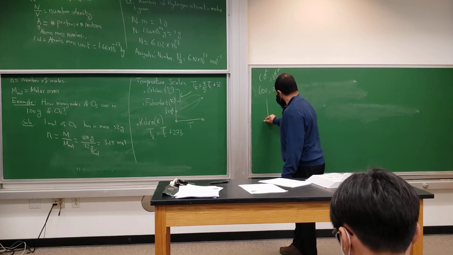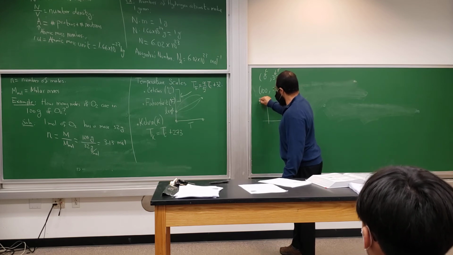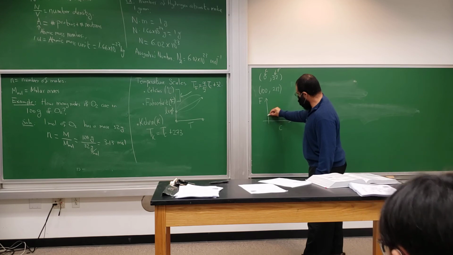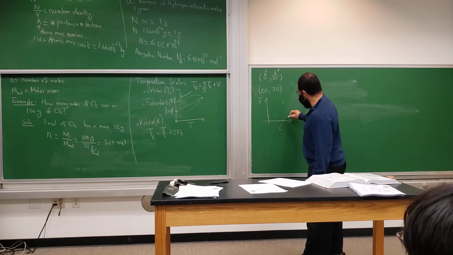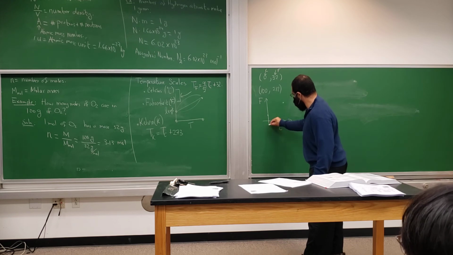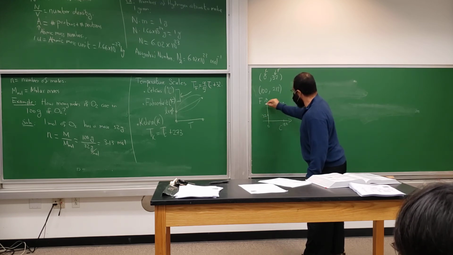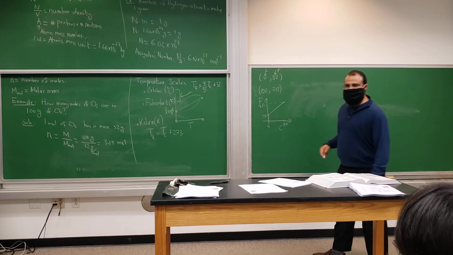So here is C, and here is F. 0 is 32, and 100 is 212. And I want to get the equation of this line.